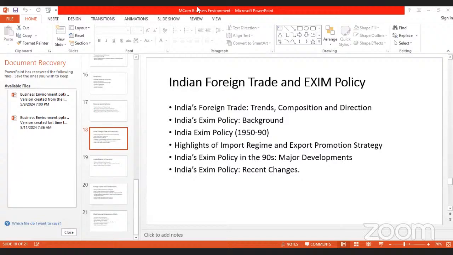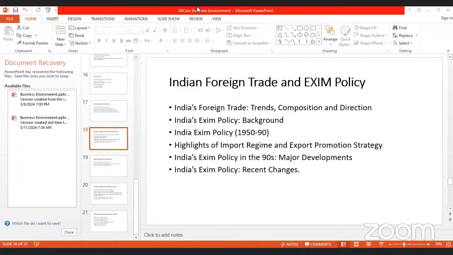Yeah, so that was liberalization and deregulation. Next was foreign direct investment, also known as FDI. So, relaxation of FDI norms was made to attract foreign investment and technology. So, that was the second one.